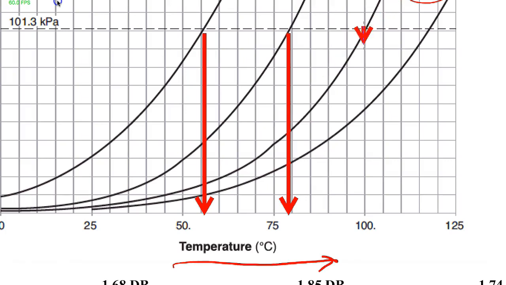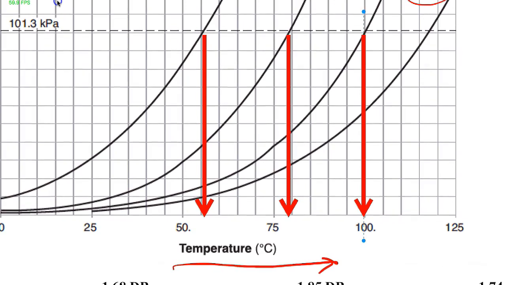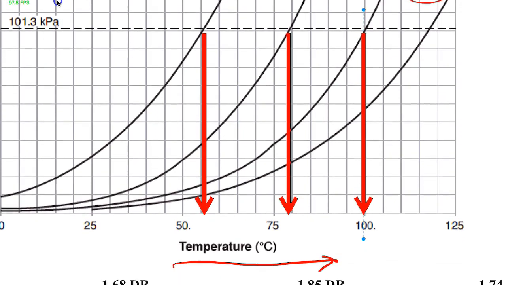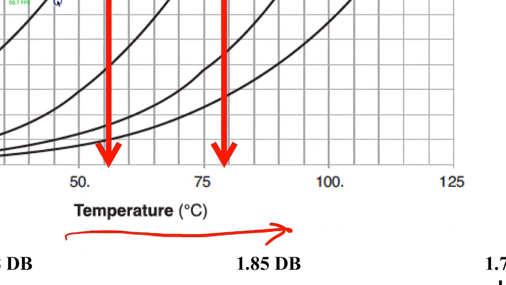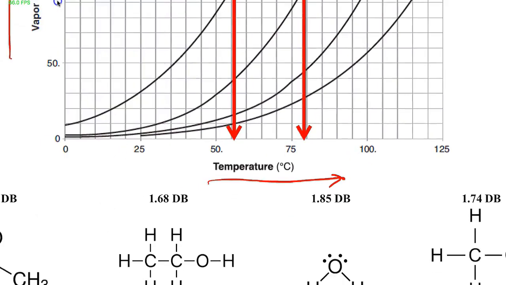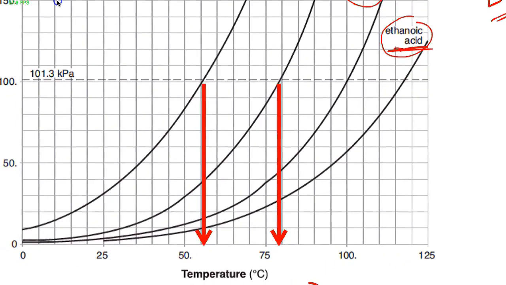And then, of course, we have ethanoic acid, otherwise known as vinegar. That's about 117. So those are the values we get for the boiling points.